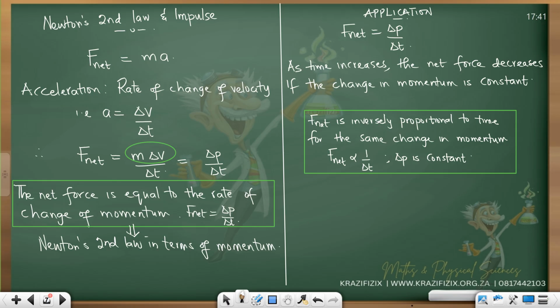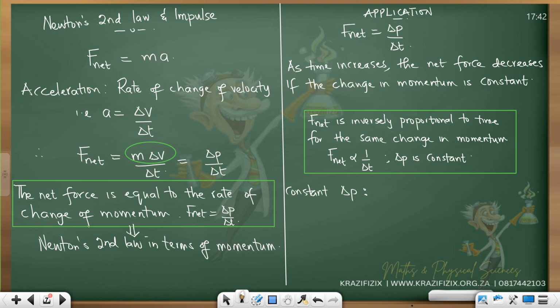What does this mean? This is physics now. This is real day-to-day physics. We use this every single day. F net, we're saying as time increases, the net force decreases if the change in momentum is constant. I want to quickly explain constant change in momentum.